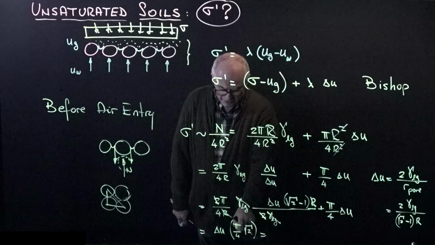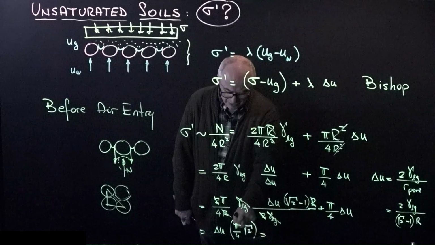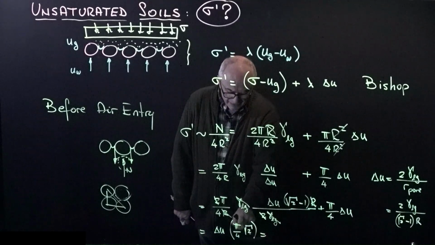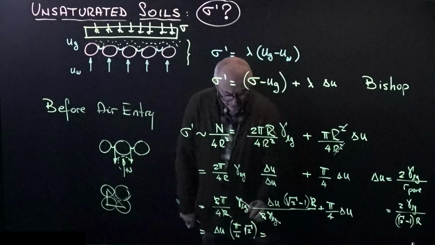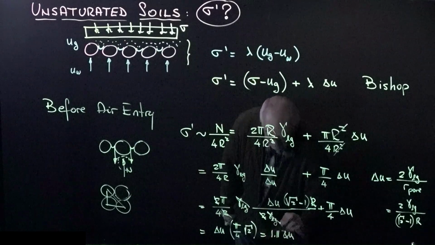And pi over 4 times square root of 2 is 1.41, so 1.41 times 3.14 over 4 is a little bit over 1. In fact, this is 1.11 delta u.